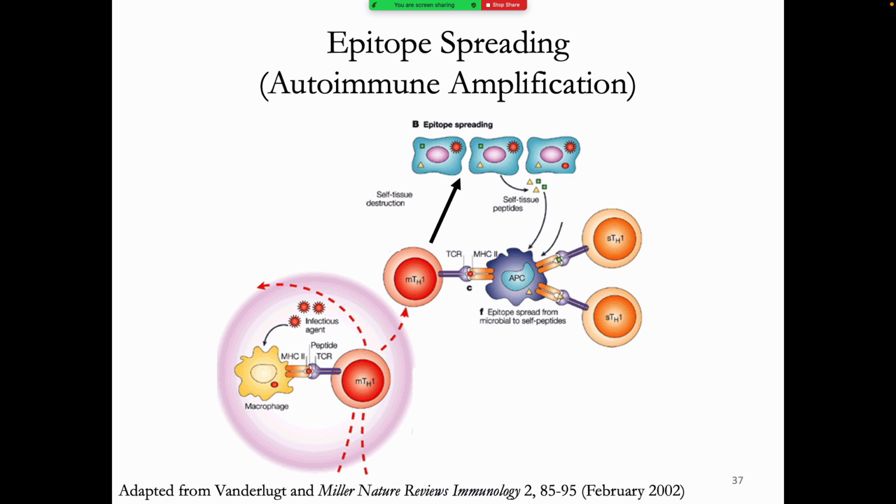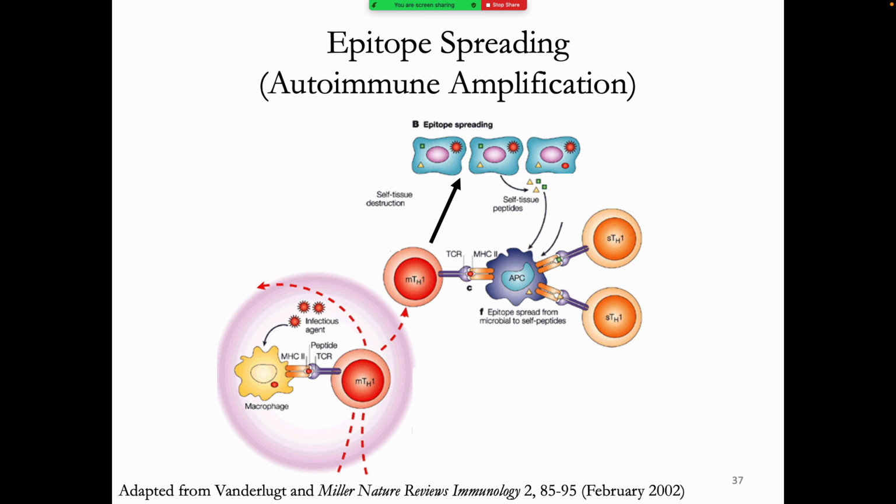When we do that, we might release some other antigens that were previously not accessible to immune cells. You can imagine them as being hidden. Now it's not the same kind of anatomical barrier of like the back of the eye. Now it's just the anatomical barrier of, say, being in a cell. But you can release more antigens, which can now prime a new set of T cells. And now we're going to see, instead of responding to one antigen, responses to many. And so we've spread out the number of epitopes we've responded to, epitope spreading. And so now we've kind of amplified autoimmune diseases.